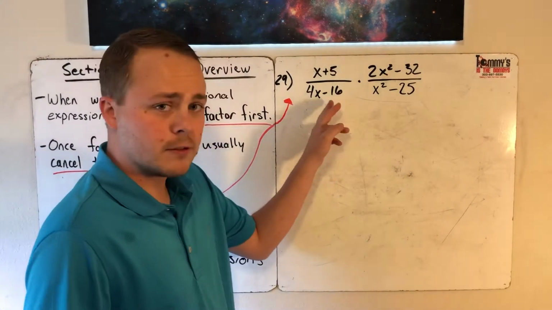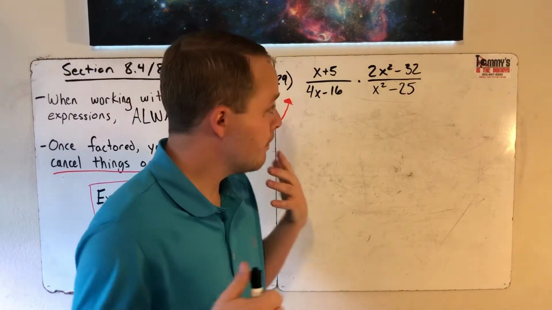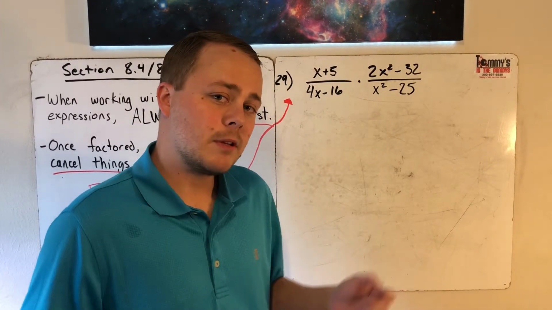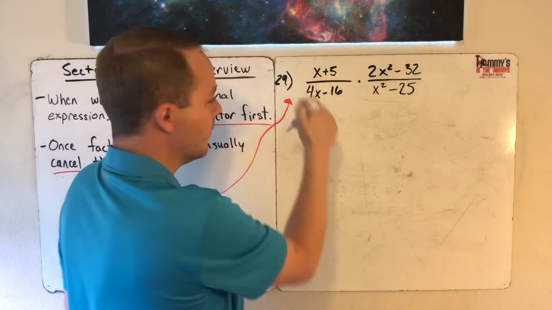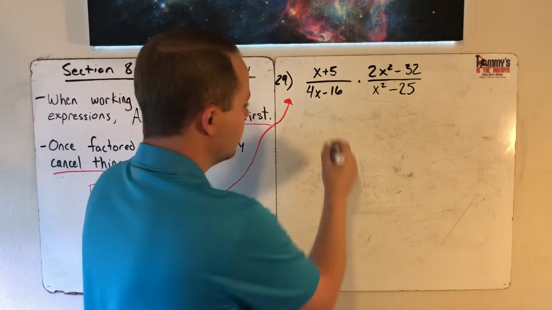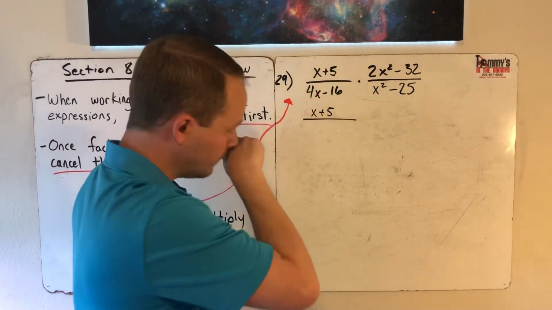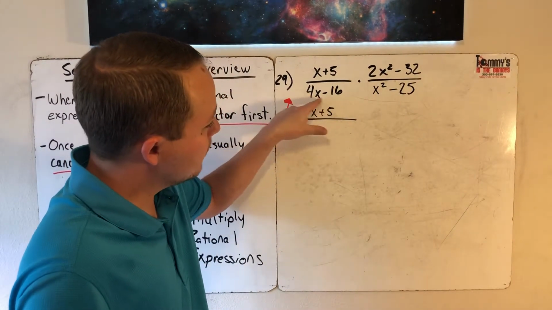We have two expressions, one here and one there. Let's split everything up as best as we can, factor everything as completely as we can, and then we'll see if stuff cancels. All right, this numerator, x plus 5, doesn't factor any farther, so we'll leave it alone. Right here, though, the denominator of this guy, that actually has a 4 in common between these two terms.